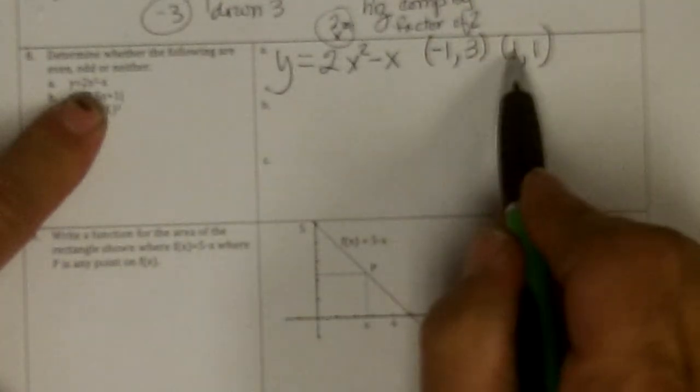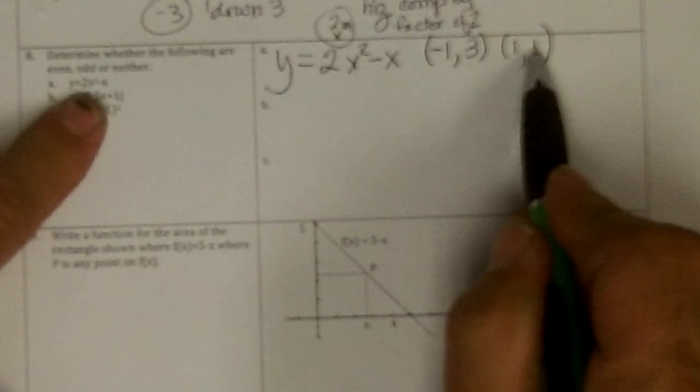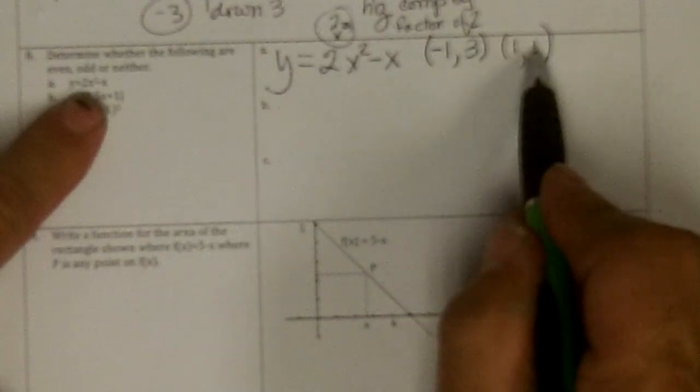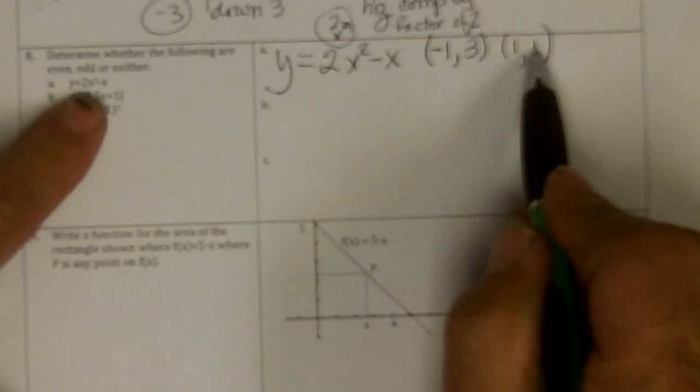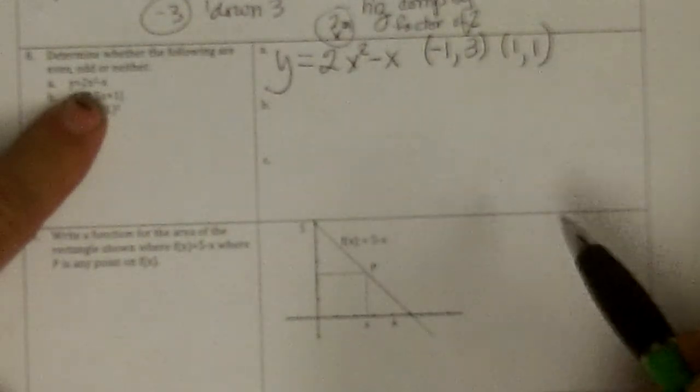So changing the sign of the x didn't leave the y's alone, and it didn't change the sign. If it left it alone, it would be even. If it changed the sign only on the y, it would be odd. It did neither.